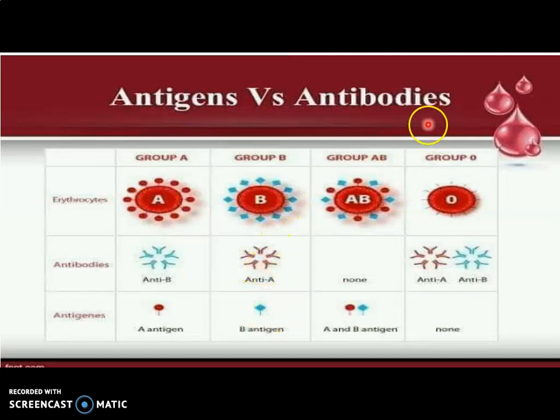A. Blood group AB has no antibody, but on the blood it has antigen A and B. Blood group O has no antigen. That's why we say it's O. It has no antigen, but it has antibody A and B.